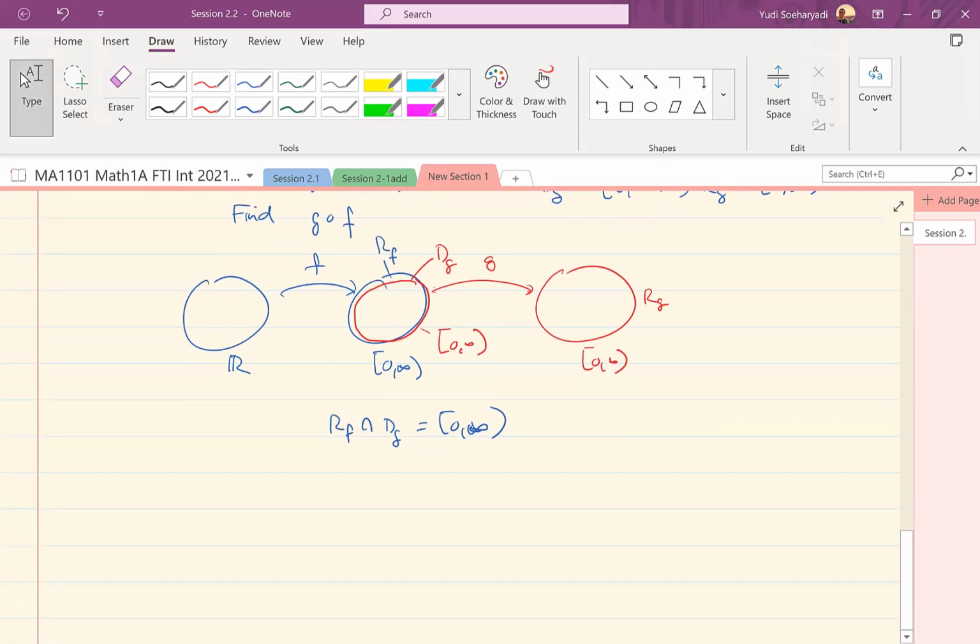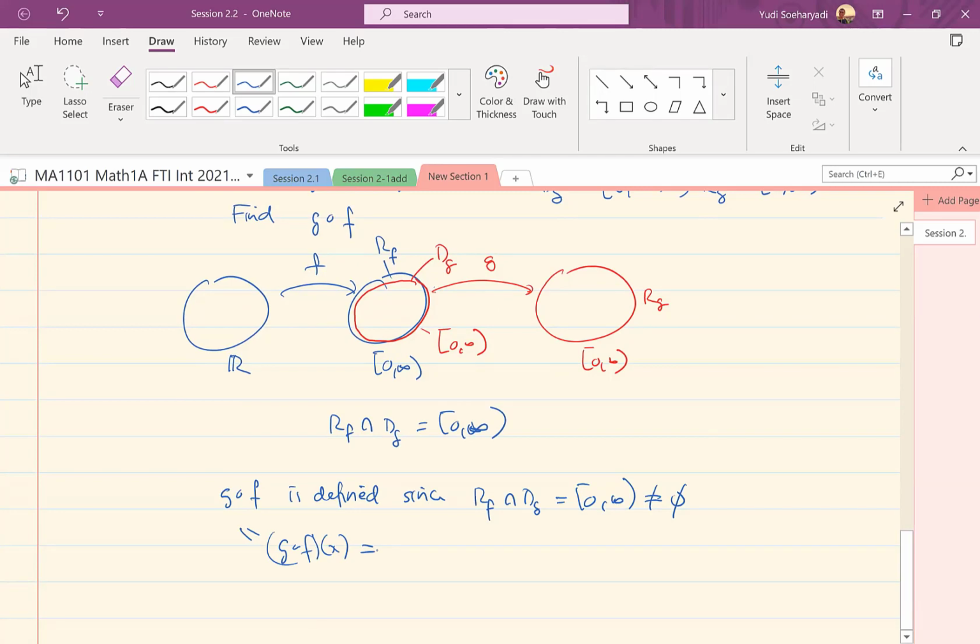Okay, so first thing is that it is defined, since it's not empty. Okay, and we need to find what is the key anyway? X is, see the formula.